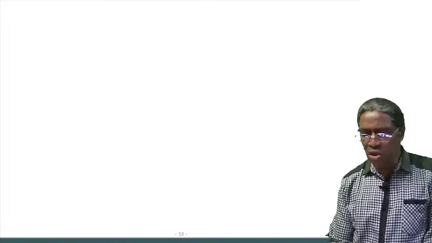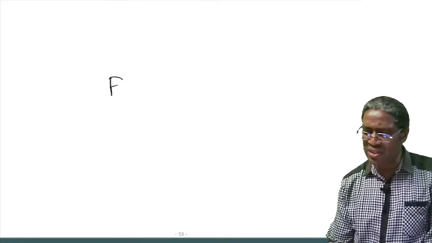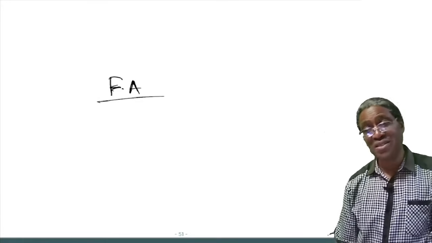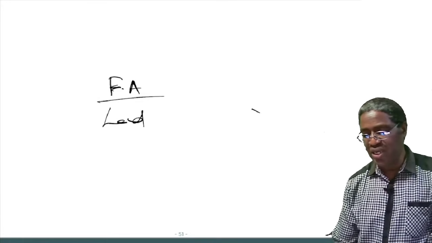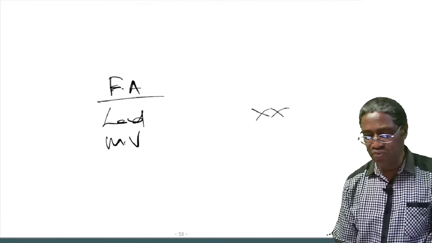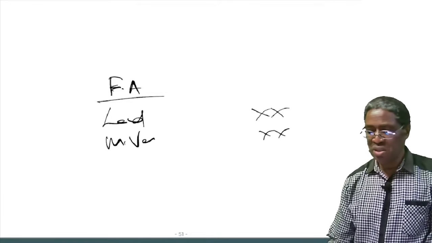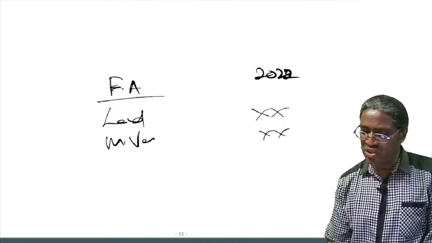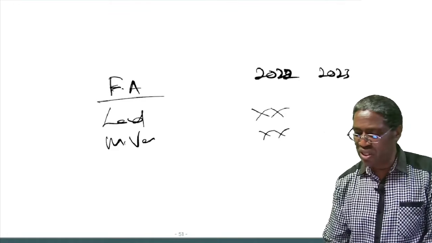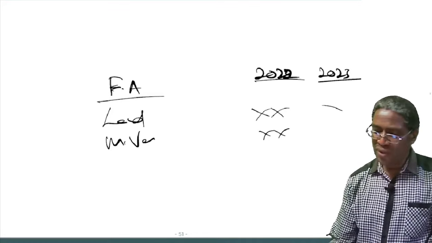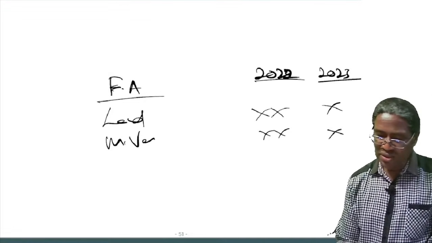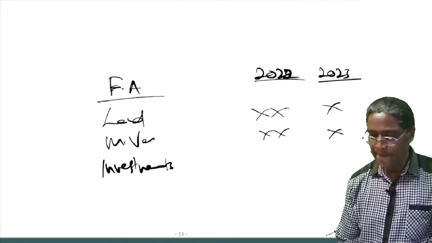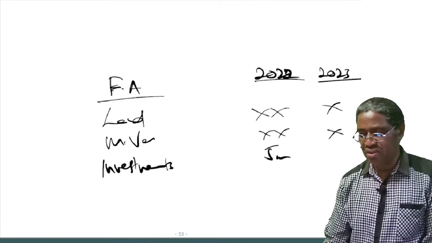Good. Let me give you another one. You go to the balance sheet. Among the fixed assets in the balance sheet, you normally have something like land, maybe motor vehicle. Let me assume this is 2021 or 2022 and maybe 2023, whatever it is. Then you are given investments, 5 million, 6 million.